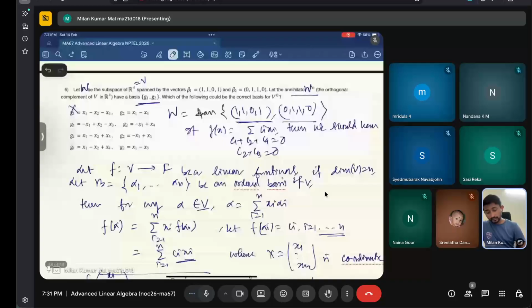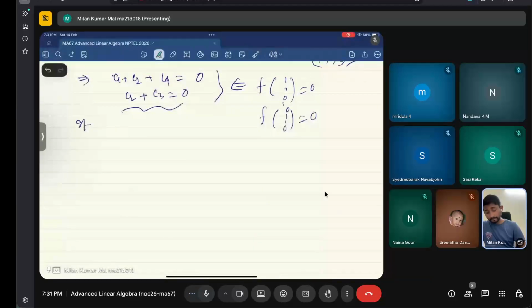So if we take c3 equal to 0 and c4 equal to 1, that gives c2 equal to 0 and c1 equal to minus 1. So this gives a linear functional, f(x) equals minus x1 plus 0 times x2, plus x4.